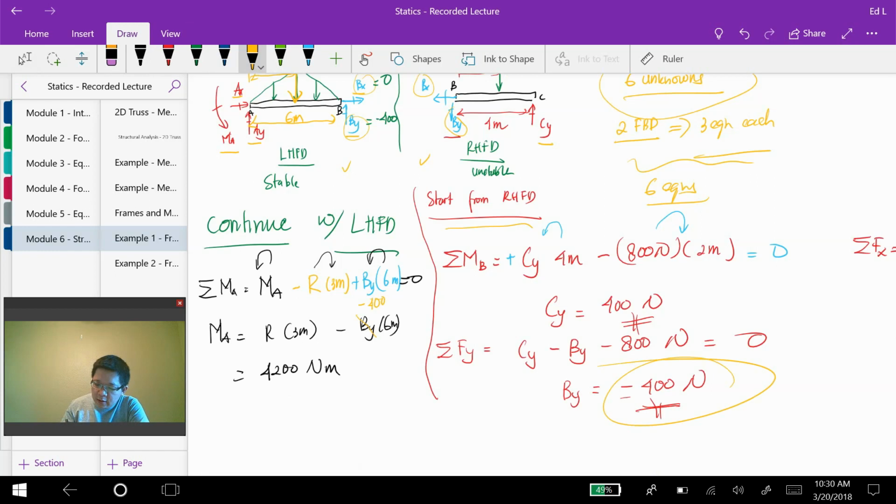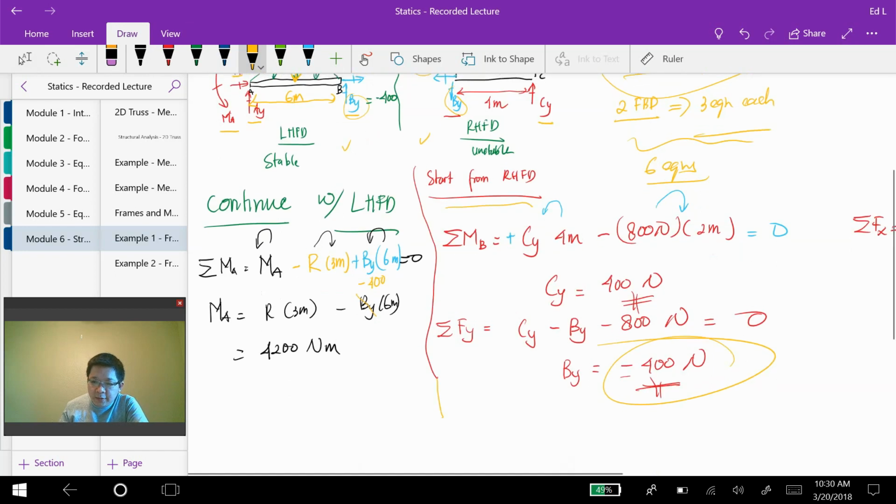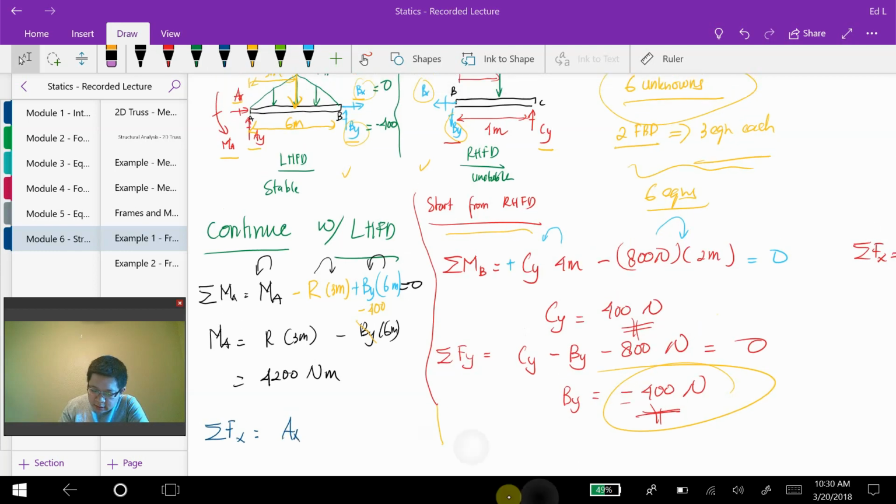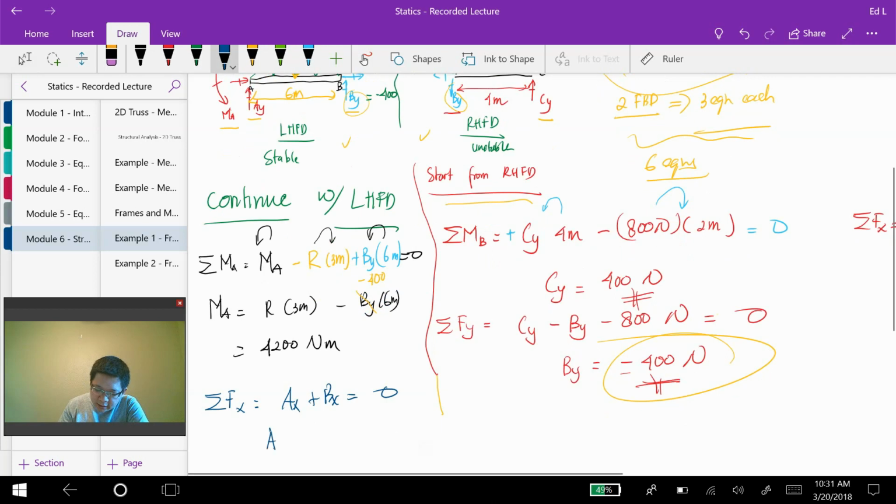Once you obtain your MA, we can write another equilibrium equation: the sum of the forces in the x equal to 0. Here we have Ax positive going to the right plus Bx positive going to the right, and those are the only forces in the x direction, so my Ax is equal to 0.